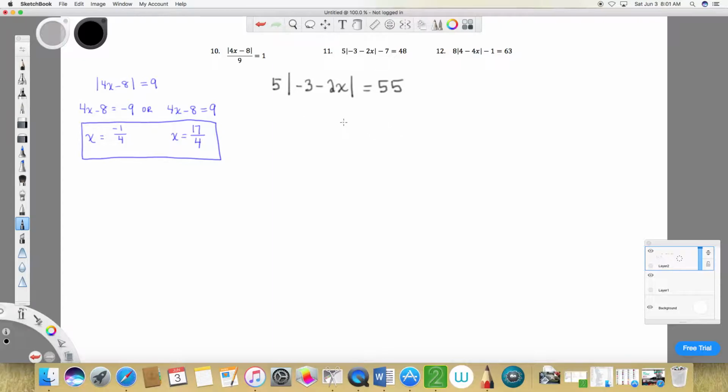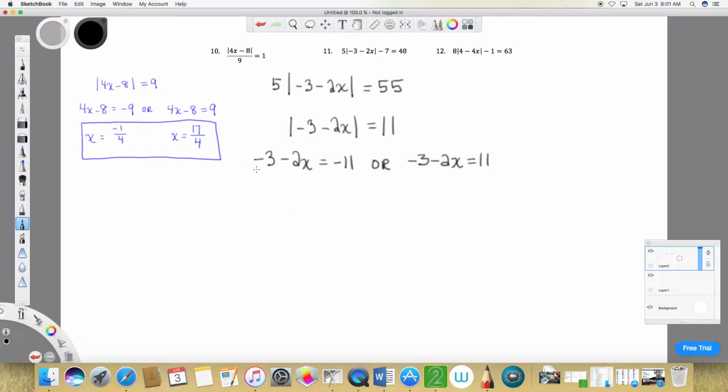Now, the absolute value, we need to divide both sides of this equation by positive 5 to get the absolute value by itself. And 55 divided by 5, I believe, is 11. This splits into two equations. And now we have a two-step equation for each of these.